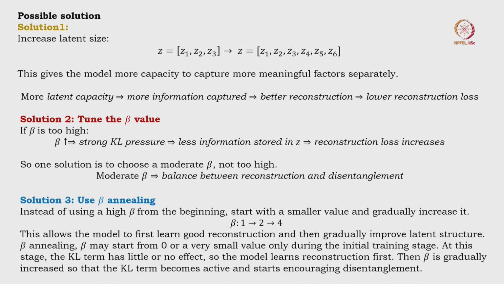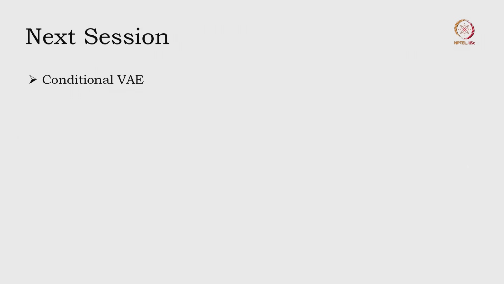At this stage, the KL impact will be very small. Then gradually increase the beta value. By doing this, the KL term becomes active and starts encouraging disentanglement. So this is all about this particular concept.